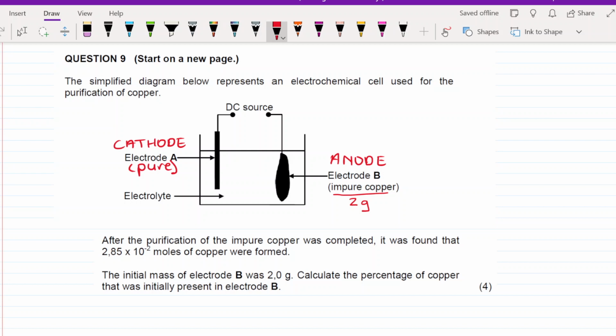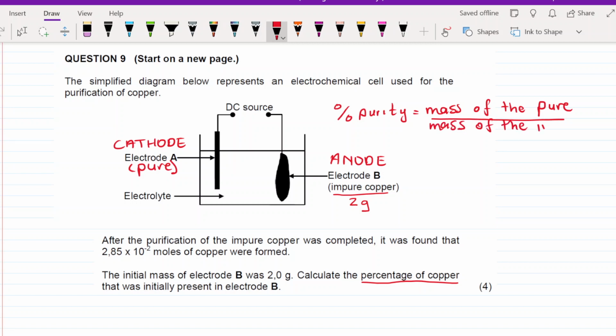So if we want to find the percentage of the copper that was initially present in electrode B, the formula of the percentage purity says percentage purity is equal to the mass of the pure divided by the mass of the impure substance, multiplied by 100%.